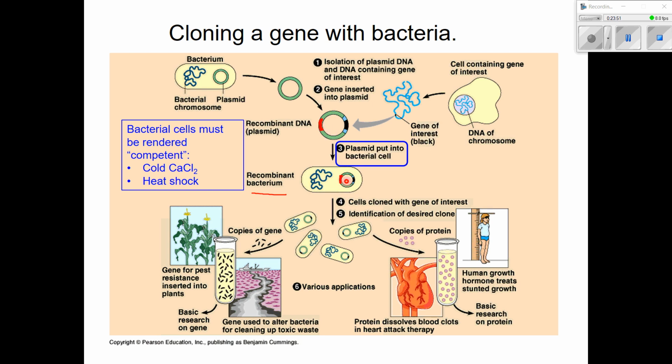But if they took in that ampicillin resistance gene, now they can survive in the presence of ampicillin. And we know they also have the human insulin gene because, remember, both of those genes are physically located on the same plasmid.